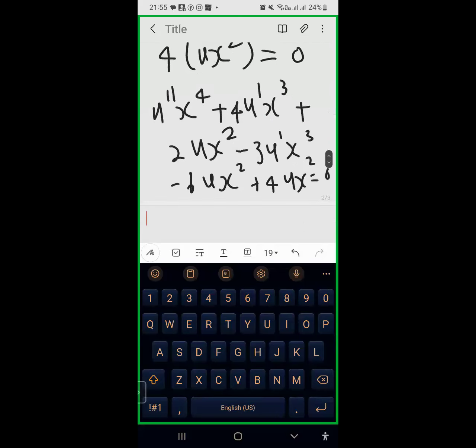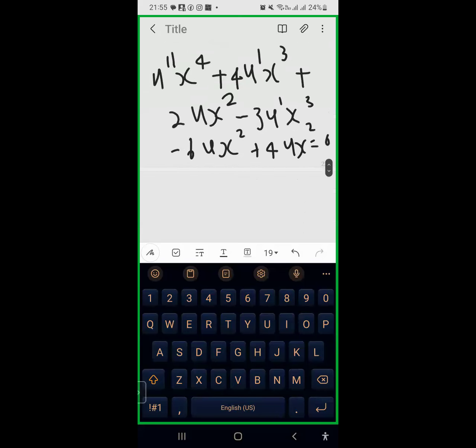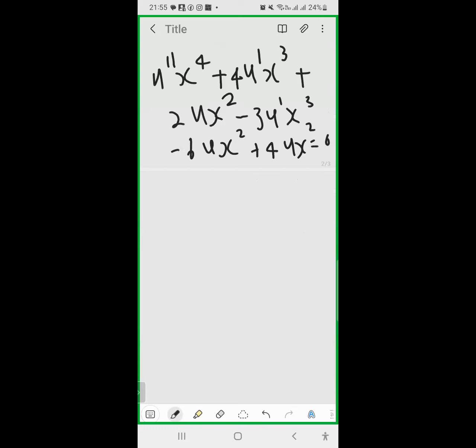And then let's see if we can cancel out any like terms. So we have u double prime x to the power 4, and then plus we have like terms, this and this.